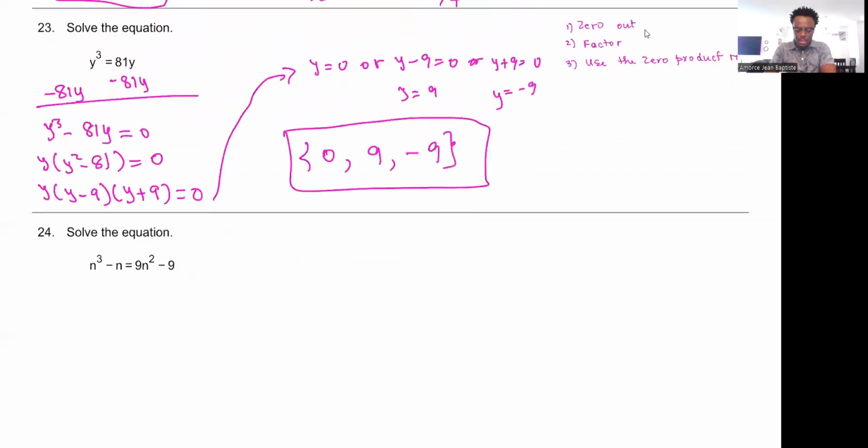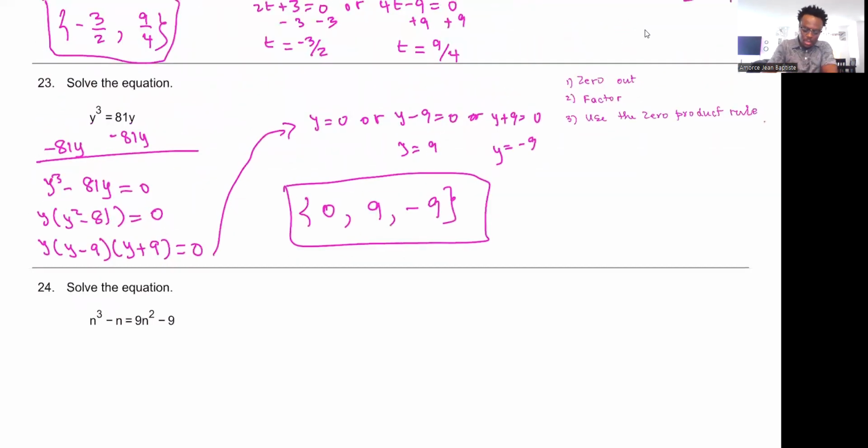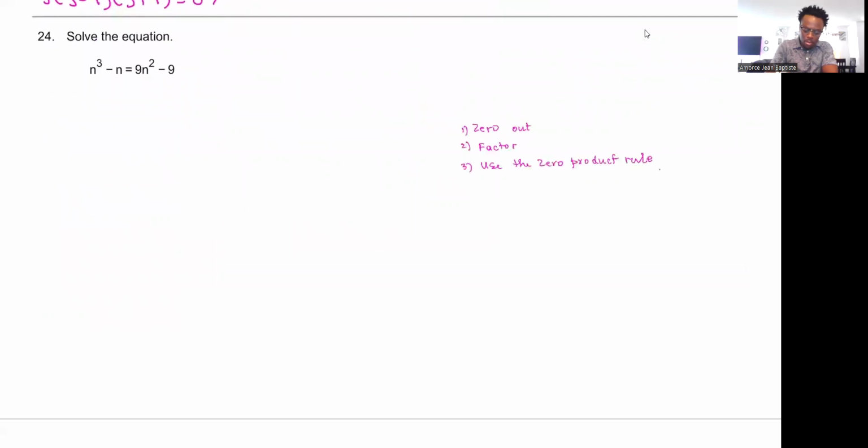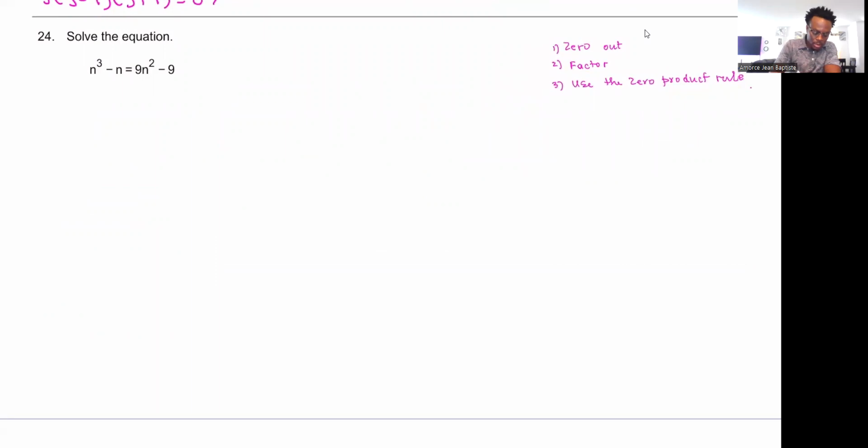Same thing, same steps here. Zero out. Let's subtract 9n squared and add 9.